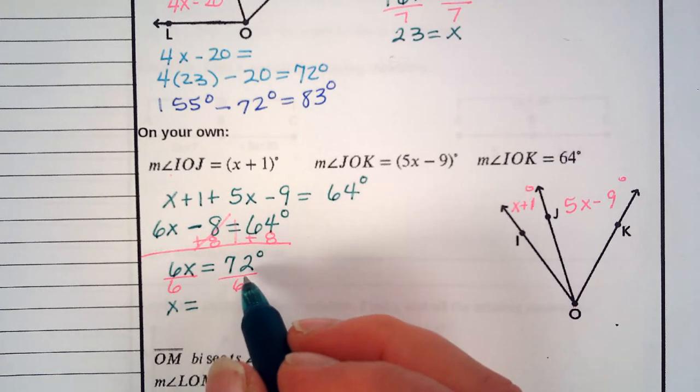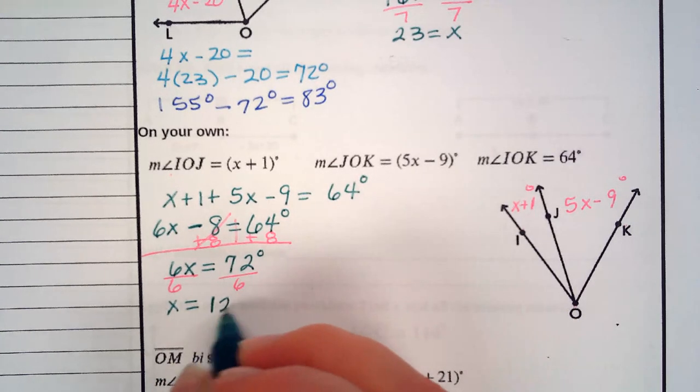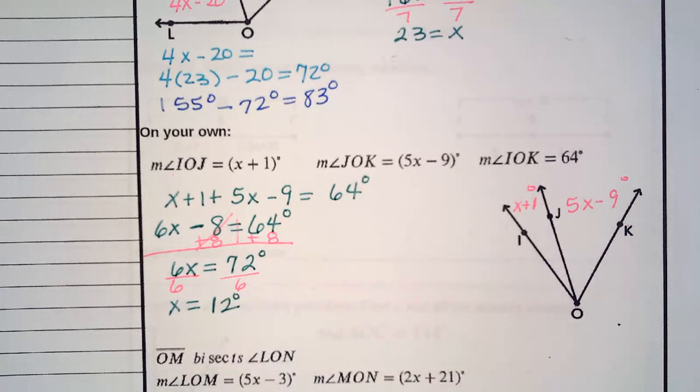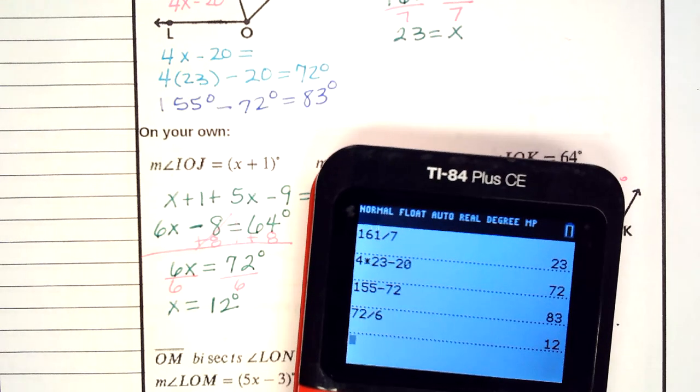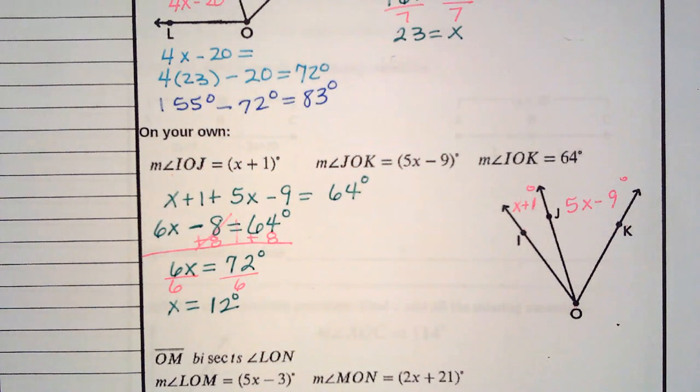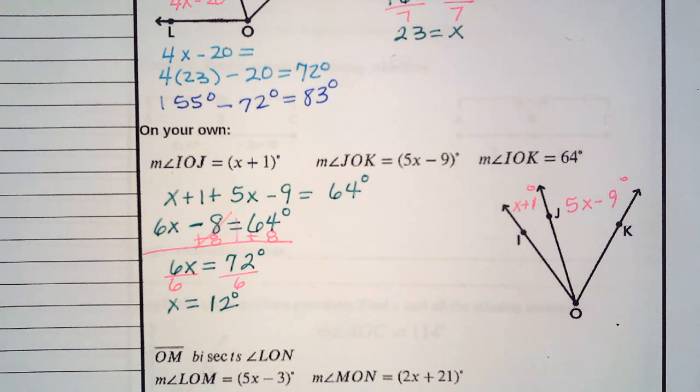It goes into 12 2 times, so this would be 12. Always double check if you're tired, if you're just thinking that you're not quite sure you got it correct, double check with your calculator. Okay, now let's find the two missing angles.